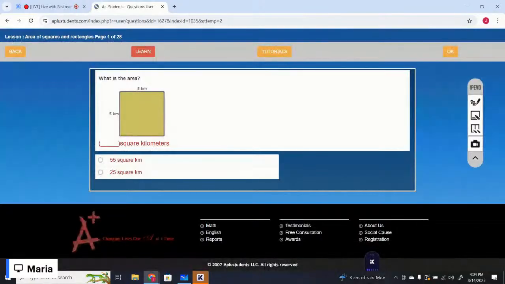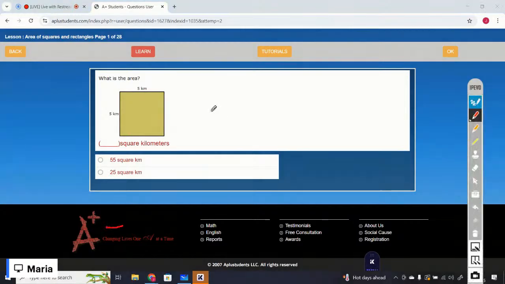So you are given the square. The square has four sides equal in measurement. Let's just calculate the area, that is side times side. 5 times 5 is 25 square kilometer. Option number 2 is the correct option.